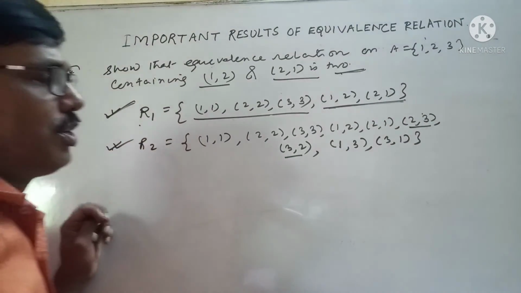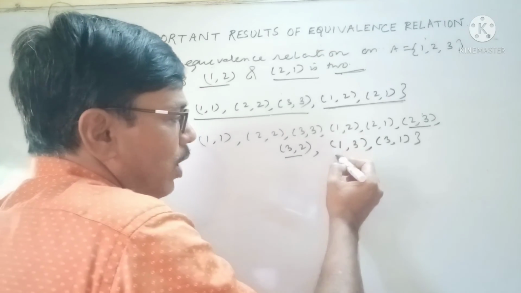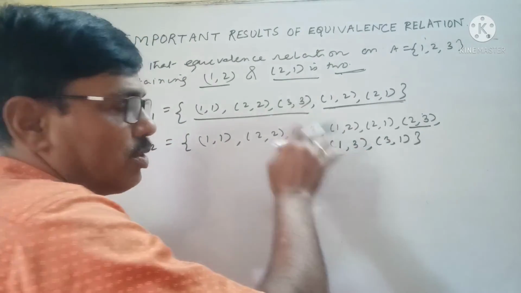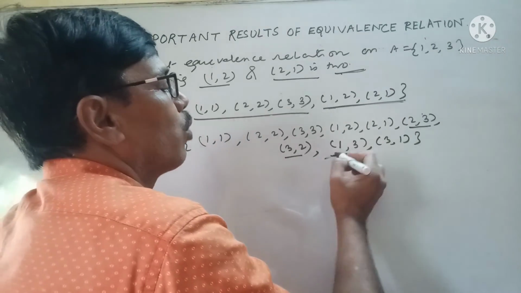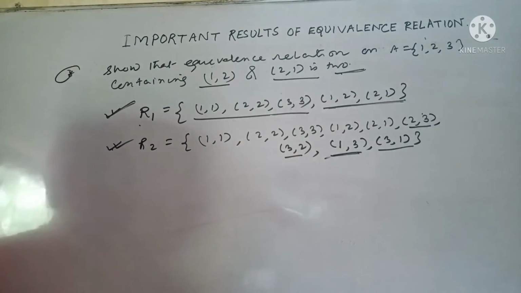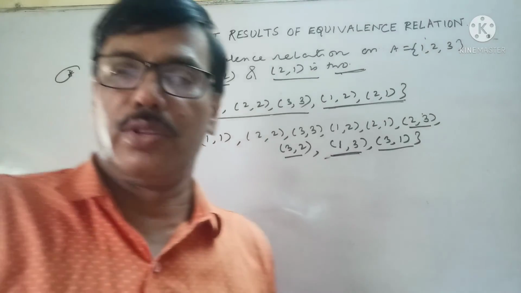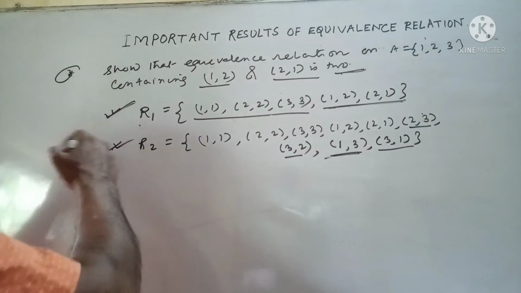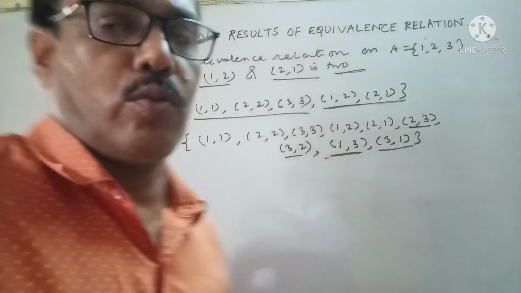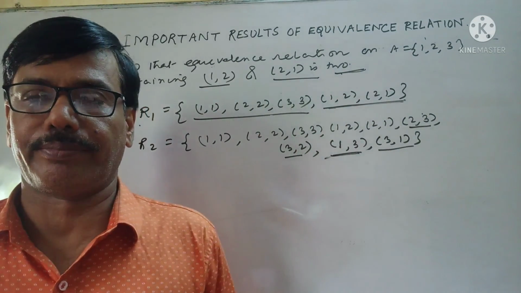To prove transitive, we see that (1,3) does not belong to it, so it is not transitive. That's why we have to take (1,3), and if (1,3) is included, (3,1) must be included. So this is the highest equivalence relation. So we are getting two equivalence relations.